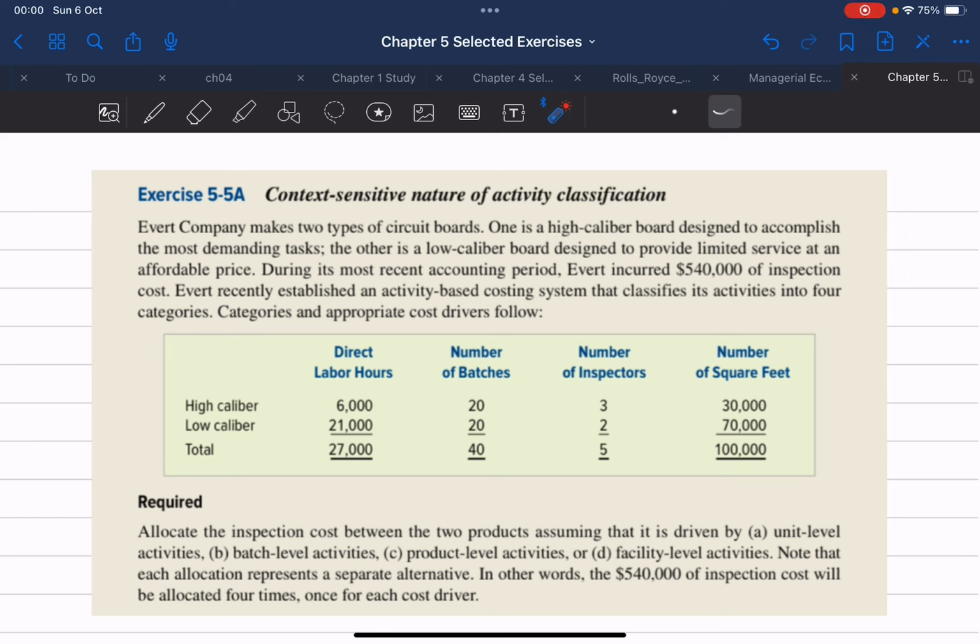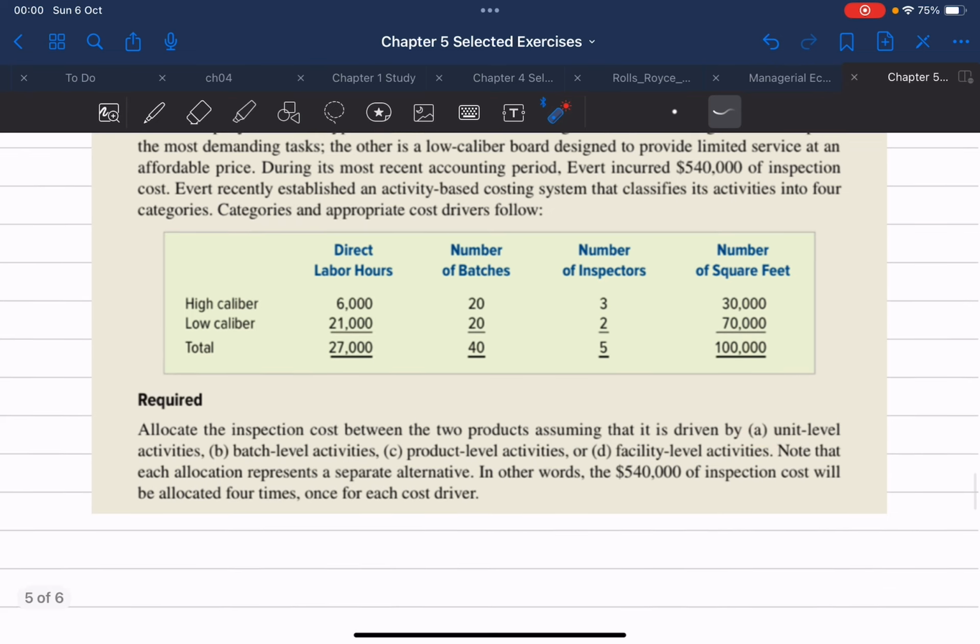So let's see here. First, we are going to answer this in 4 different ways. Using the same data, we're going to allocate the cost, assuming that it is driven by unit level activities. That's the first step, so let's start with that.